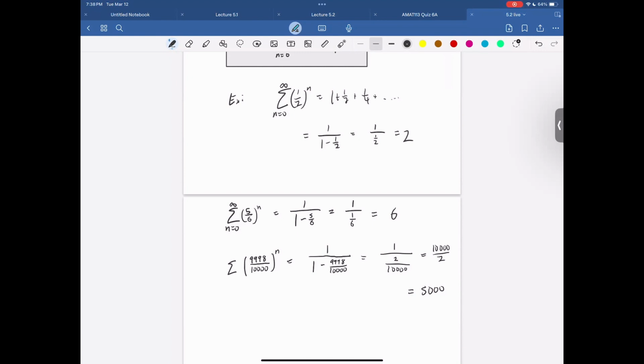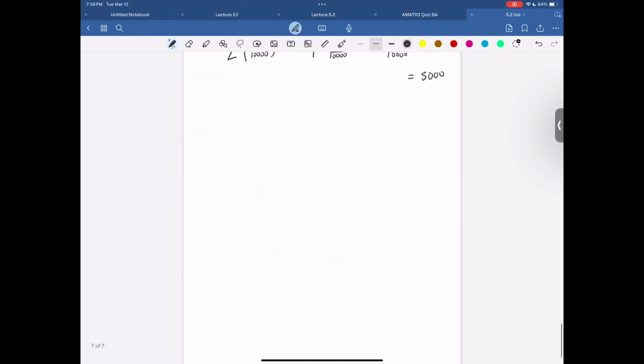But it turns out that geometric series are a whole class of infinite series that can give you any finite value from an infinite sum. And so they're pretty neat.